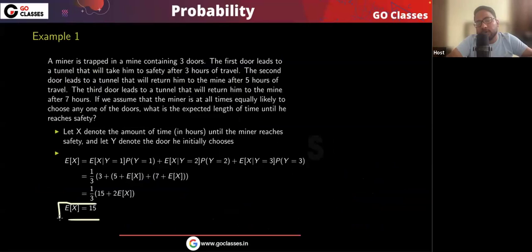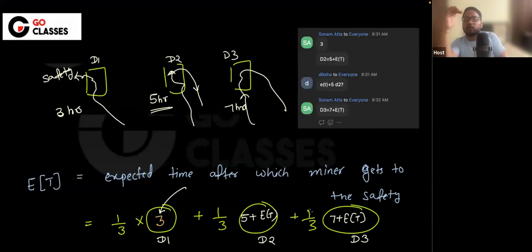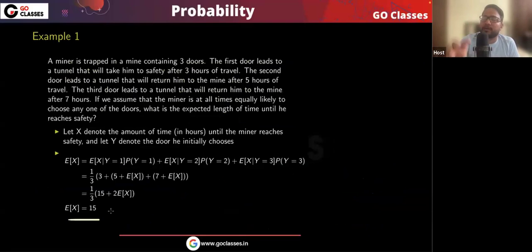On average means what? Means average of how many experiments? First time you do the experiment, you come out of the mine after 3 hours. Second time you do the experiment, you come out of the mine after, let's suppose, 100 hours. So after how many experiments can I say the expectation will be 15?